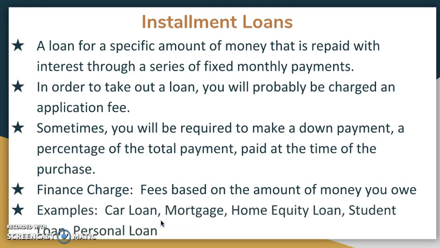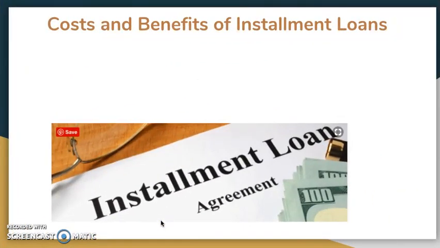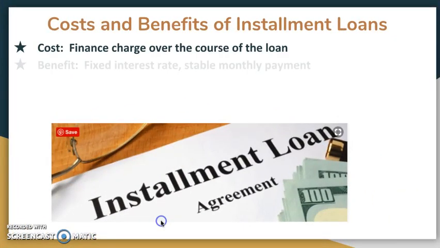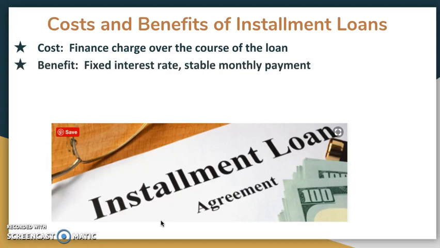Examples of installment loans include car loans, mortgages, home equity loans, student loans, and personal loans. The costs and benefits of installment loans: the costs are the finance charges over the course of the loan, and fixed interest rates and stable monthly payments are the benefits.